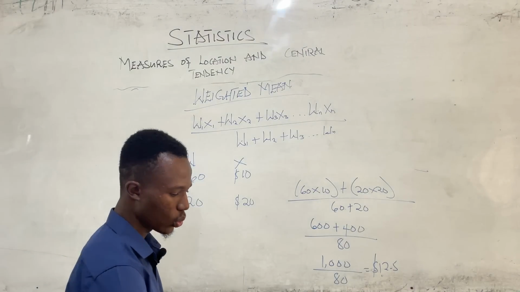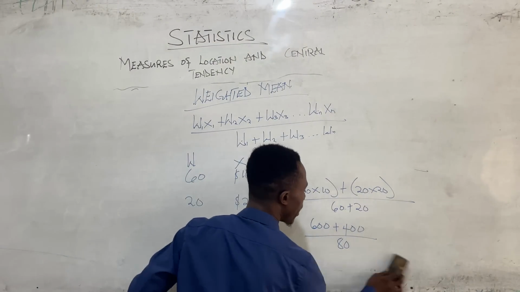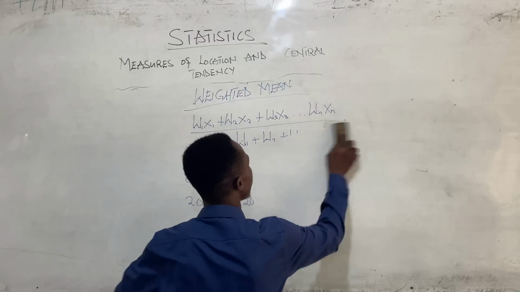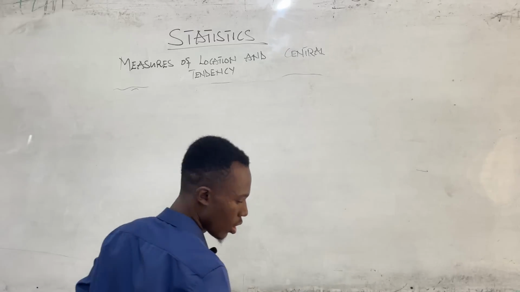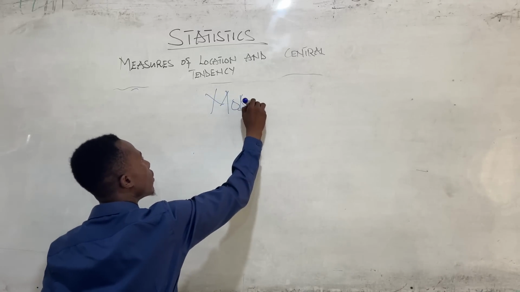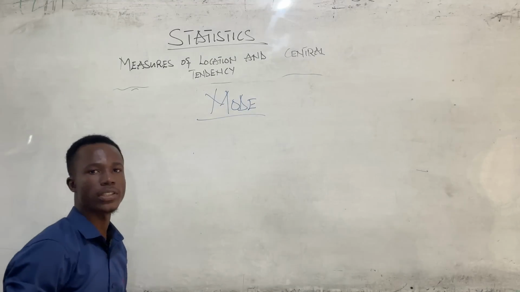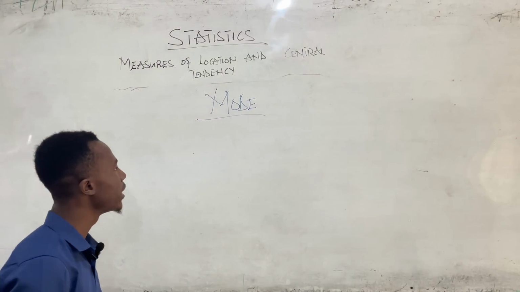Let's now move on to median and mode. For mode, we are interested in the particular number with the highest frequency.